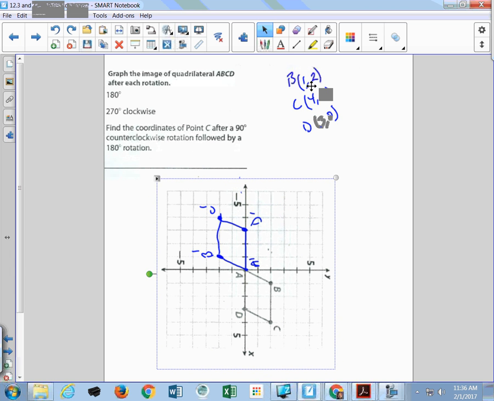Then I'm going to plot these points again. We go 1, 2 for B, so that's B prime. Then 4, 2: 1, 2, 3, 4, 1, 2 for C prime. And then 1, 2, 3, 0 for D prime. Connect our dots.